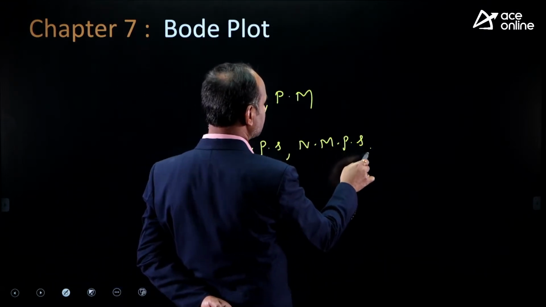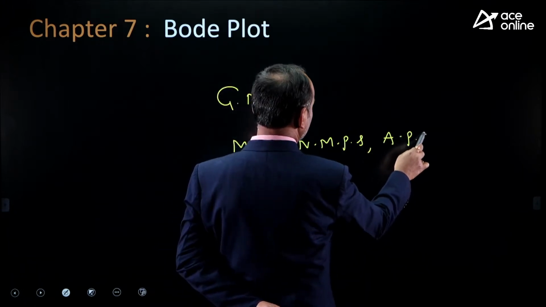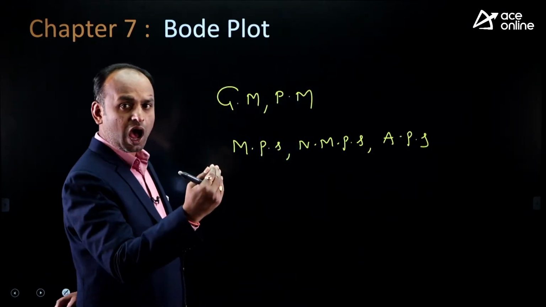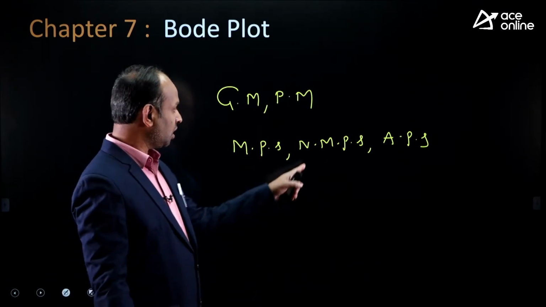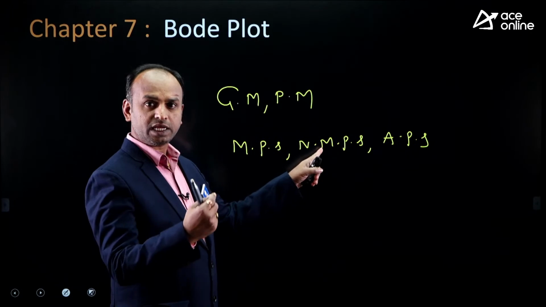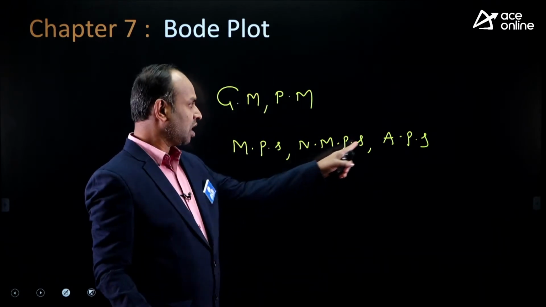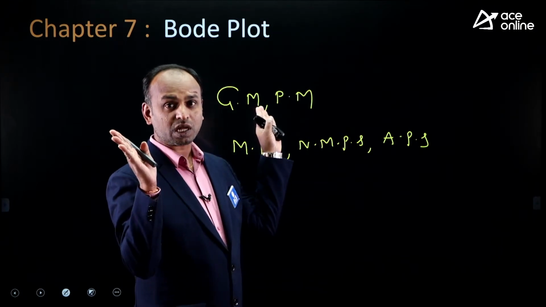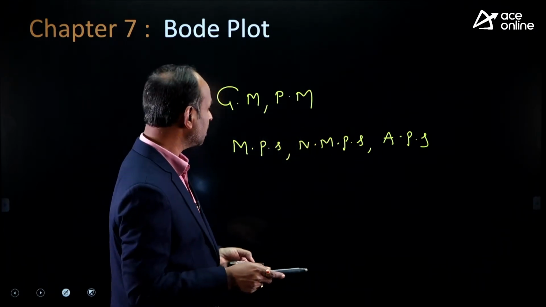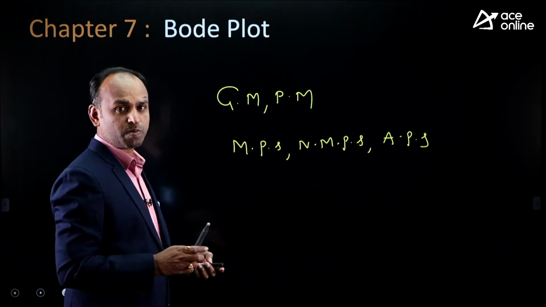Minimum phase system means all poles and zeros should be on the left side. Non-minimum means at least one zero on the right side. All-pass means the pole is on the left, the zero is on the right, both symmetrical. And questions related to the inverse Bode plot.